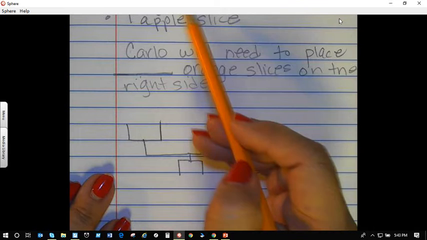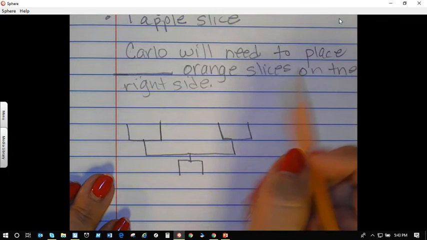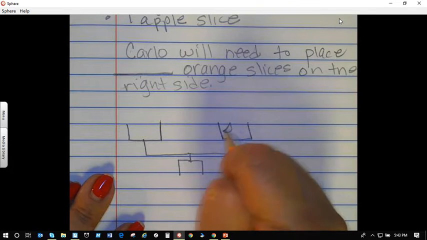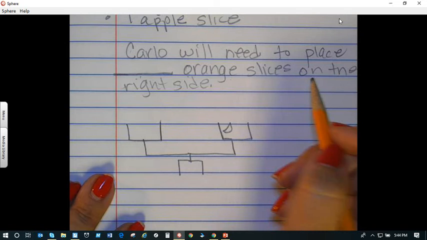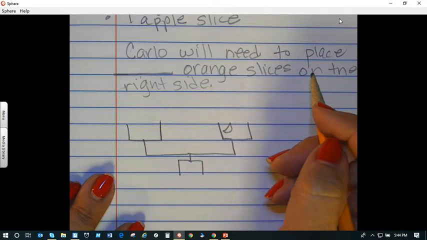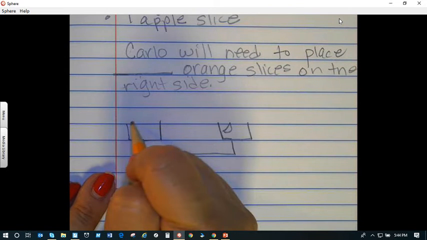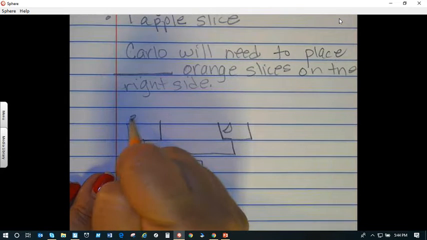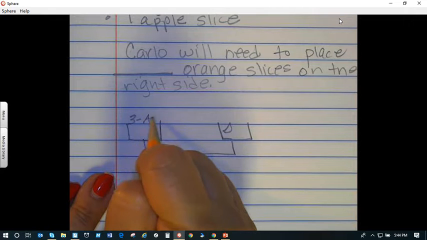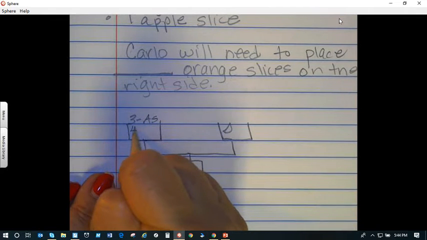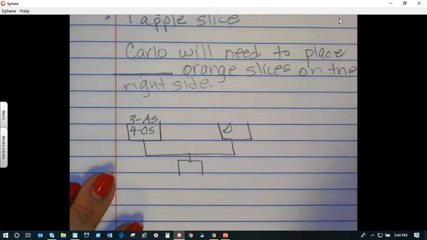So I have my scale here. And on the right side is 1 apple. On the left side is where he has 3 apple slices, 4 orange slices, and that's the way I'm going to do it.